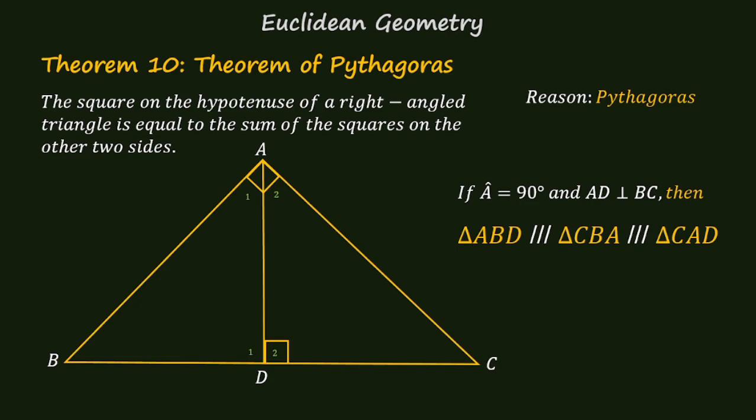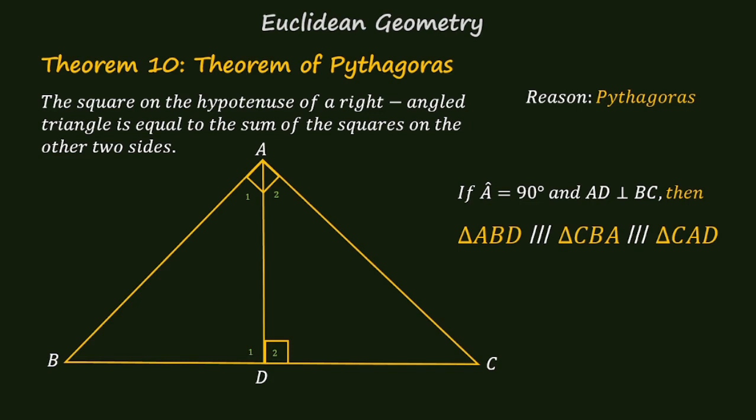It's one of the easiest and the cleanest ways of showing that the square of the hypotenuse in a right angle triangle is equal to the sum of the squares on the other two sides. But I am not going to prove the theorem here. What I want to show you is which triangles will be similar if you come across a problem that has the theorem of Pythagoras in this nature.